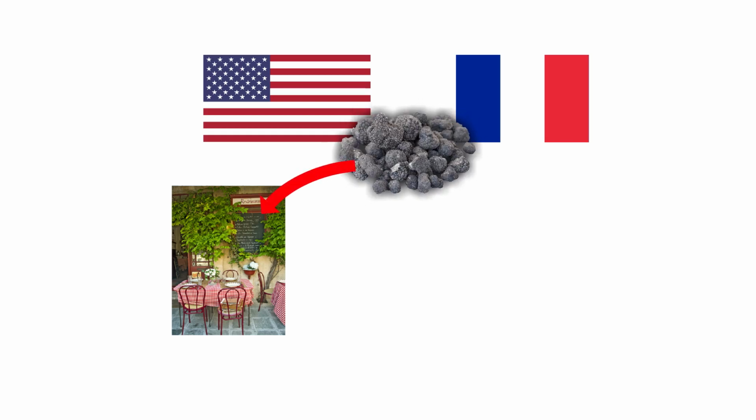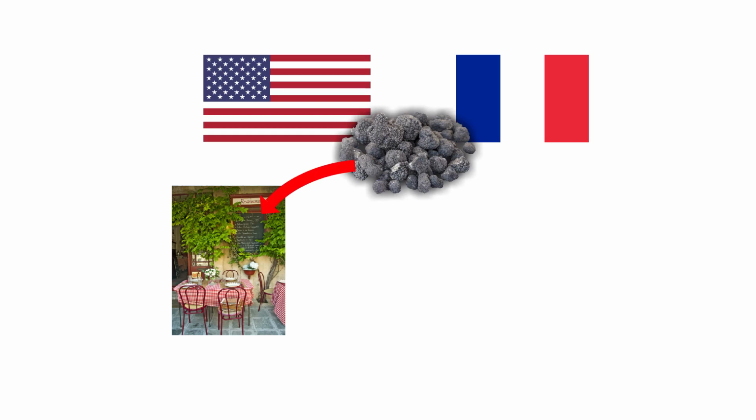Little Cabbage is an American-based restaurant that prides itself on serving authentic French cuisine. For the company's signature dish, chicken with truffle cream sauce, Little Cabbage orders truffles from Les Grands Truffles, a French-based truffle company supplier.